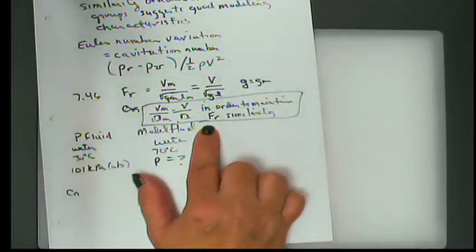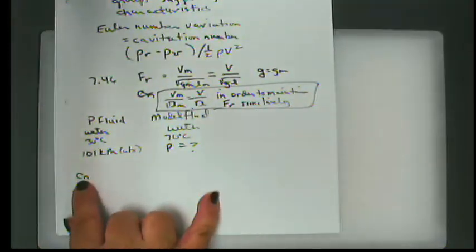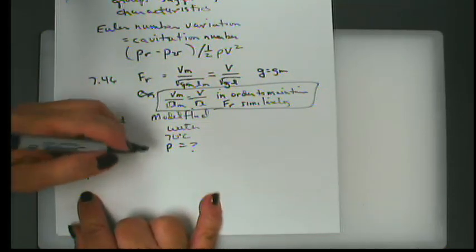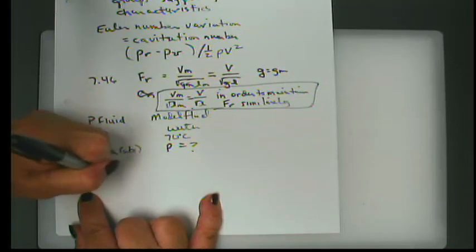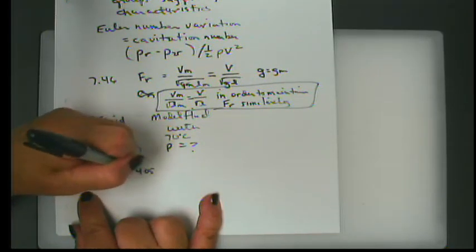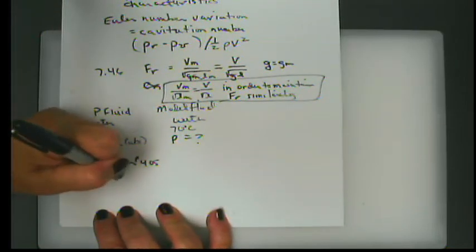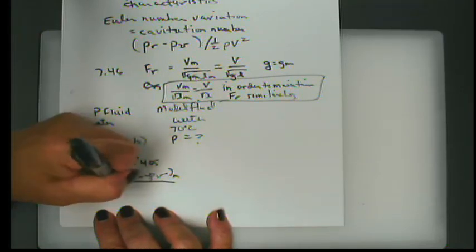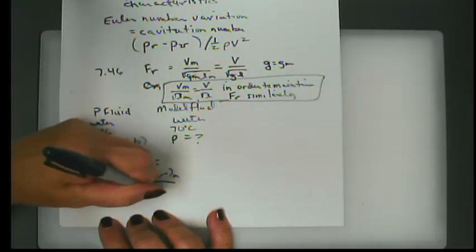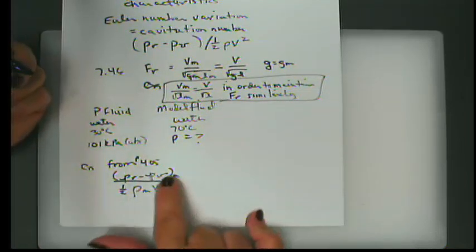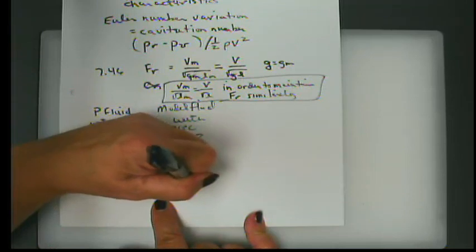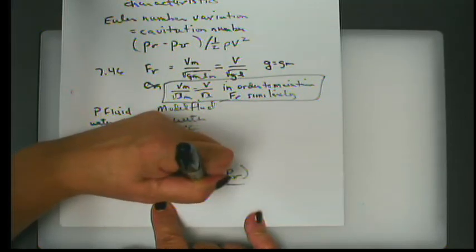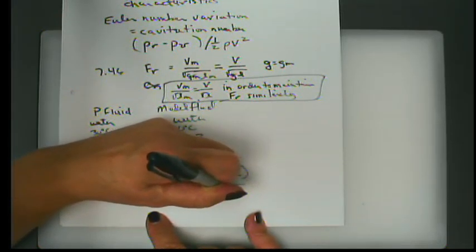What's our second condition? Well, we have to maintain the cavitation number similarity as well. So if we go back to page 405, what we'll see is that the parameters or the equation for that cavitation number look like this. If we take those for the model and look at them for the prototype, we're going to have something that looks like this.